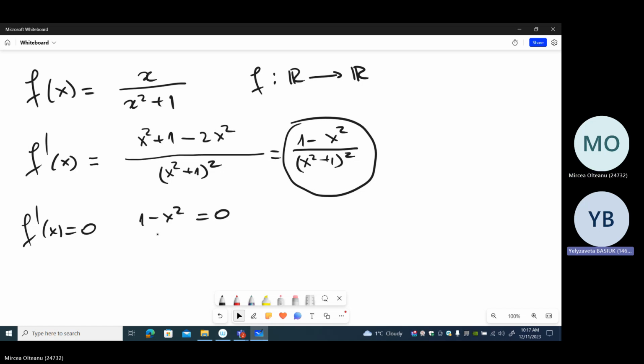It will be x1 is -1 and x2 is 1. So the solutions are x1,2 equals plus and minus 1, yes? Yes.